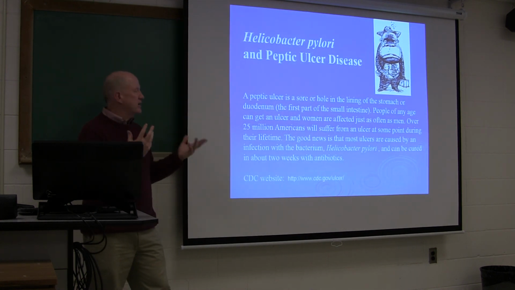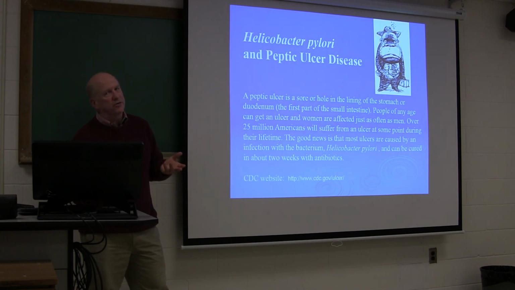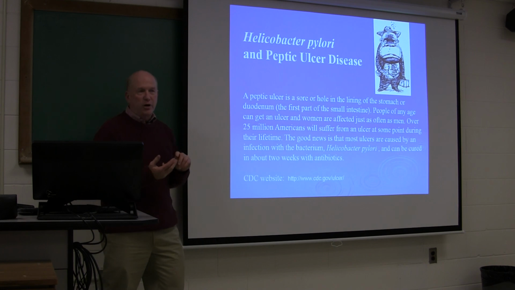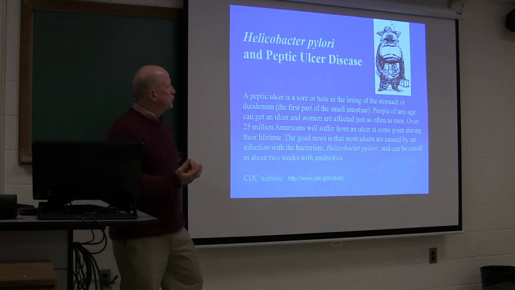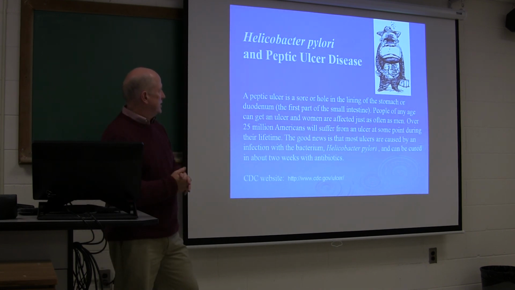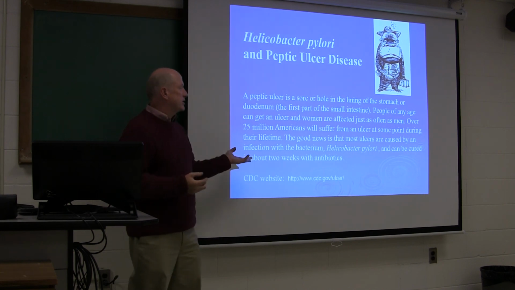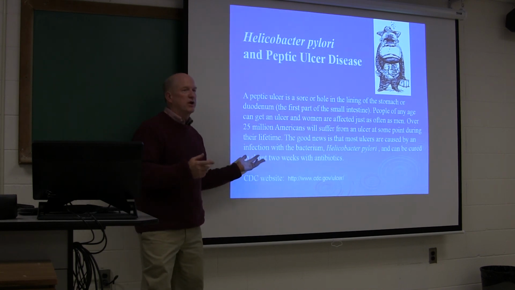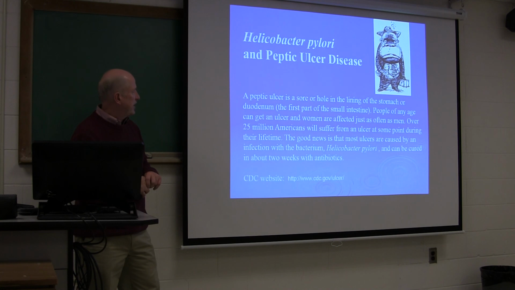But everybody that has H. pylori doesn't get ulcers. So there are some other factors, and we know stress and emotions can help trigger some problems. But you have to have the bacteria there to form it. But not everybody gets them. So there are more factors there.